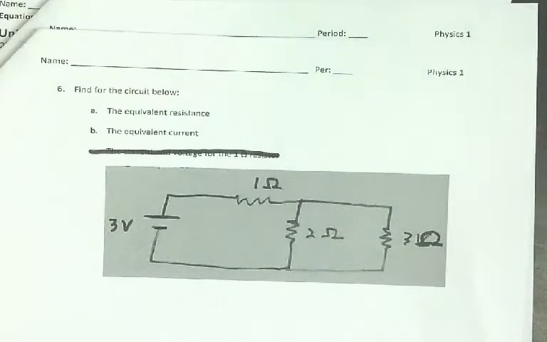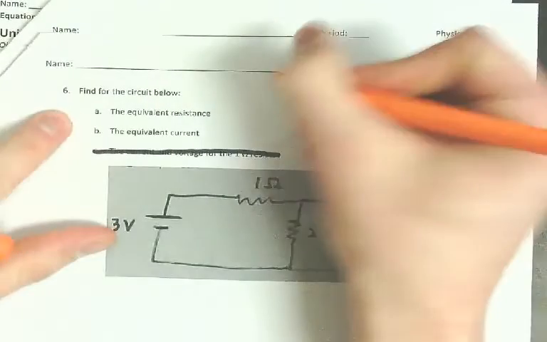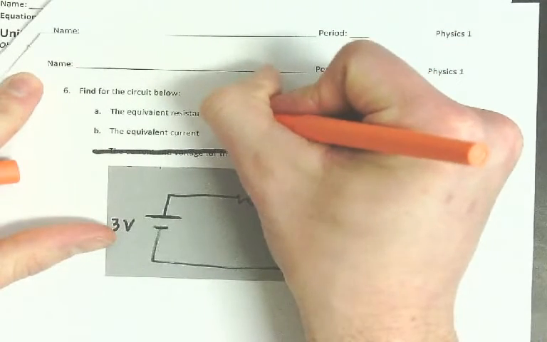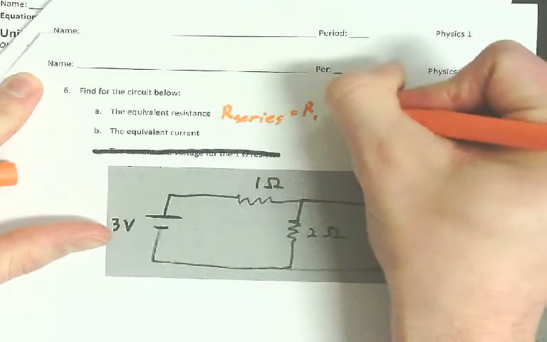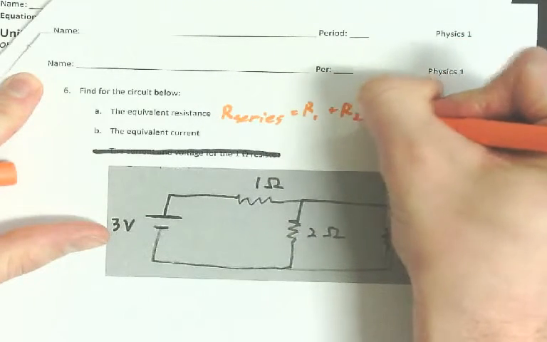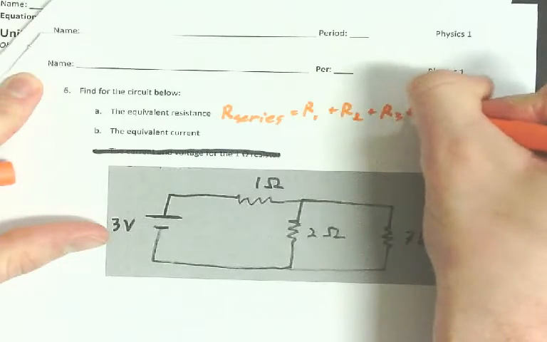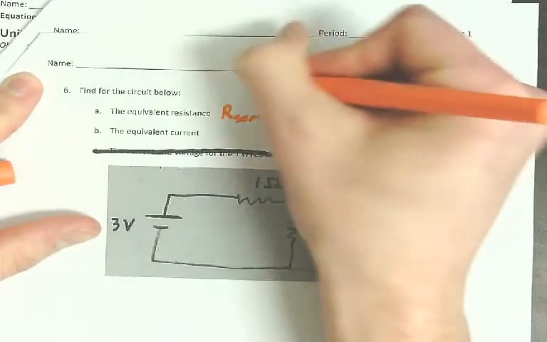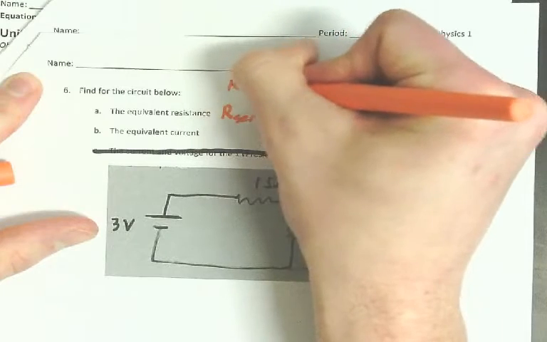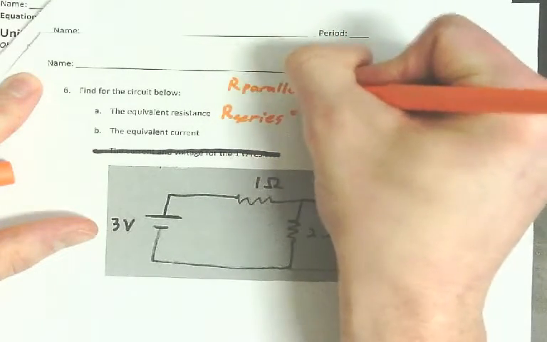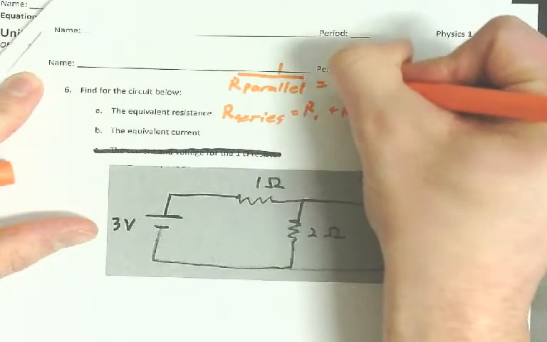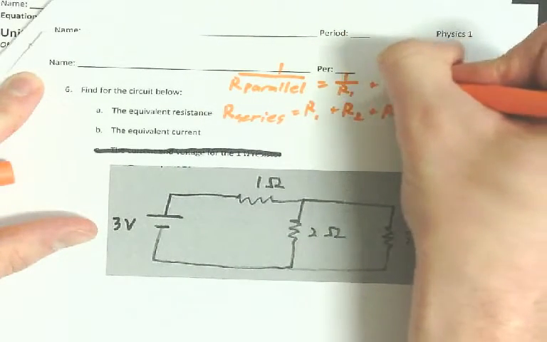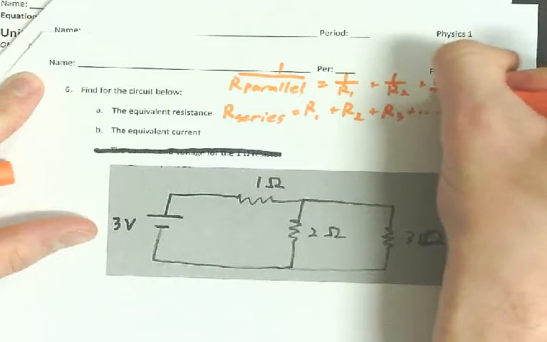So, equivalent circuit. We've got to find the equivalent resistance, and then we've got to find the current. The way you find the equivalent resistance is by doing the resistance for series, which is R1 plus R2 plus R whatever, and by doing R parallel, which is 1 over R equals 1 over R1 plus 1 over R2 plus whatever else I have.